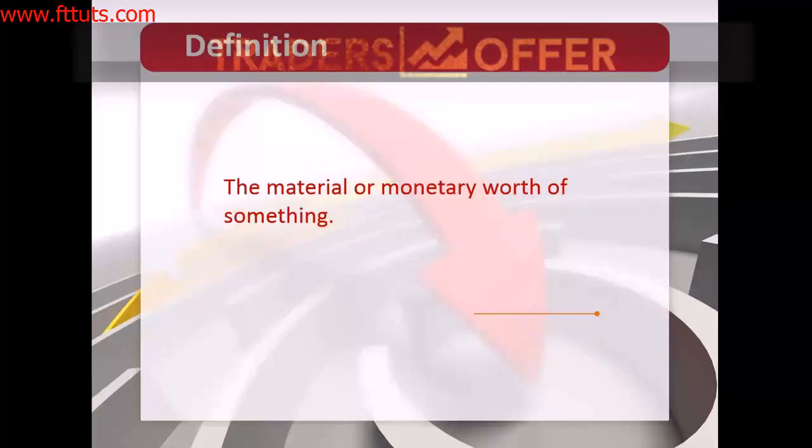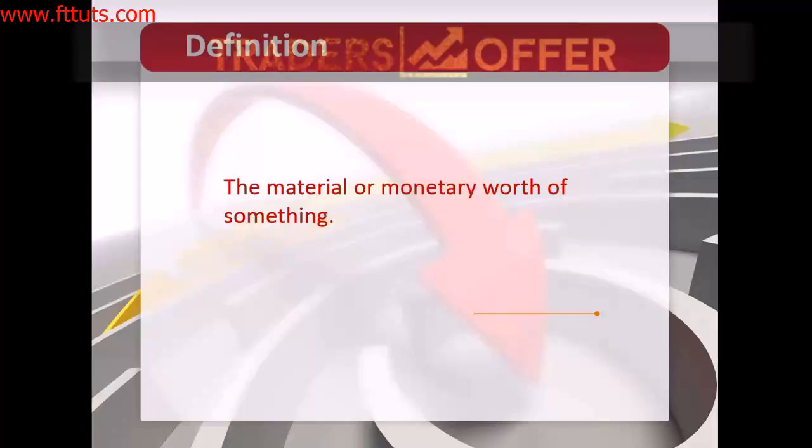The dictionary gives us a formal definition of value, and it defines it as the material or monetary worth of something. Value. Its worth. Well, different things have different value to different people, and that is also very true in the market.